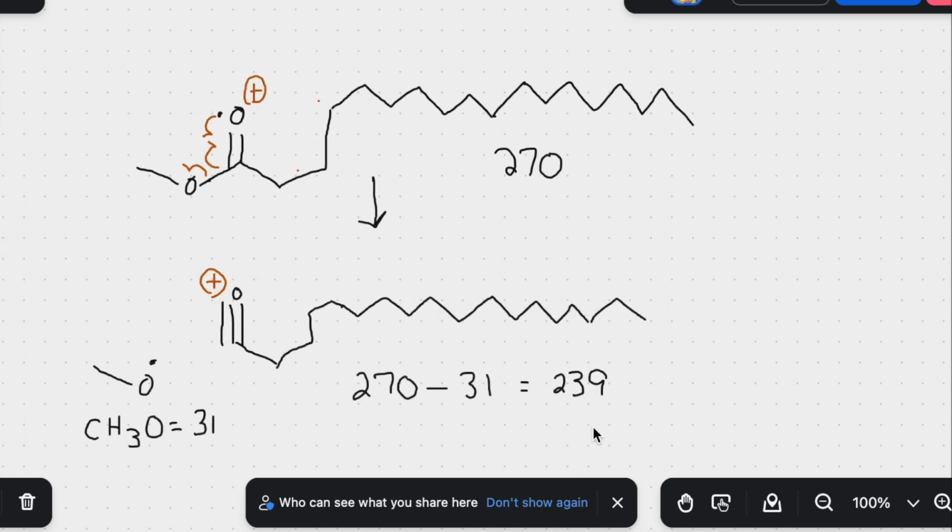Here is a diagram that shows how you would get the mass minus 31 as a peak on your mass spec as well. So I have the example of methyl stearate, which weighs 270, and this time instead of a McLafferty rearrangement, I have a methoxy radical falling off. The full mass piece that is being detected by the mass spec is a cation radical, so we have one electron missing on the oxygen.